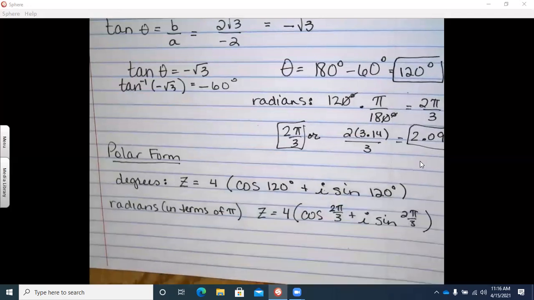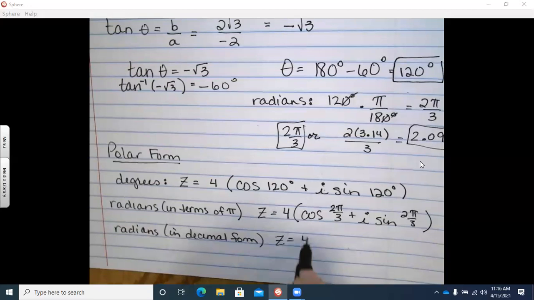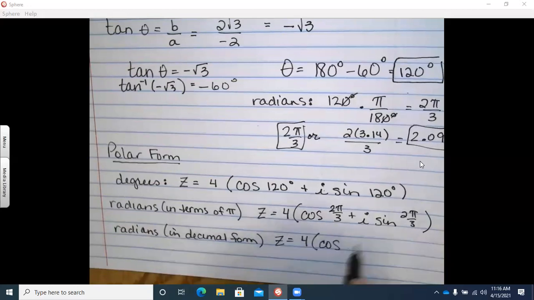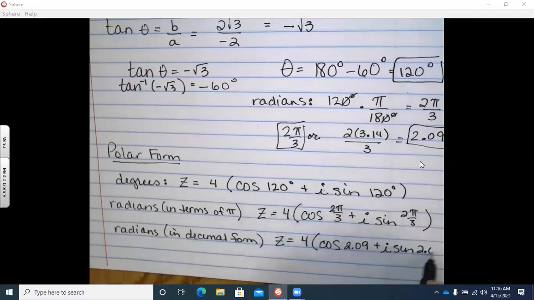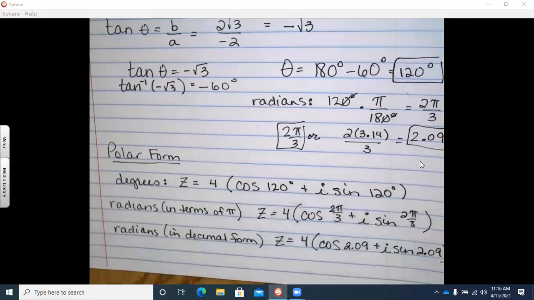Or if we do radians in decimal form, we would have z equals 4, open parentheses, cosine of 2.09, plus i times the sine of 2.09. I know this is in radians because it doesn't have a little degree symbol. Notice when it was in degrees, it had a little degree symbol. Right on?